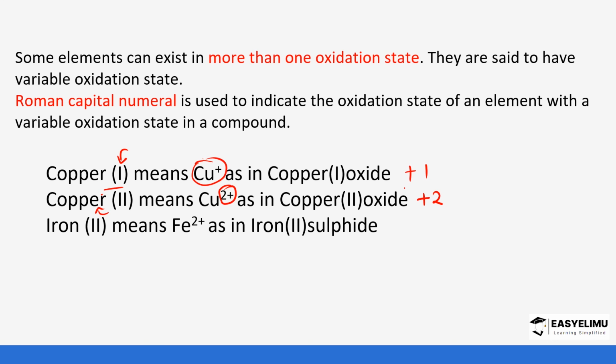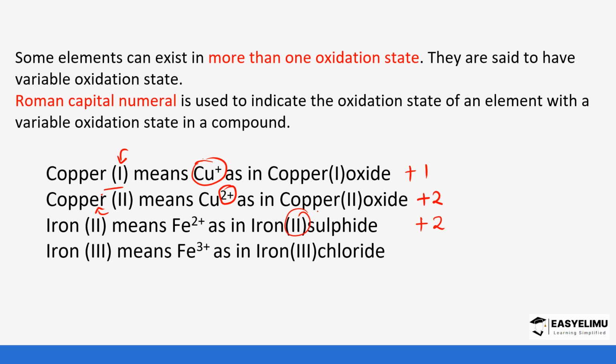When we look at iron 2, maybe in the case of iron 2 sulfide, this 2 indicates the oxidation of iron, which is positive 2. And then another example is iron 3. In the case of iron 3 chloride, this 3 is the oxidation of iron and it becomes positive 3.